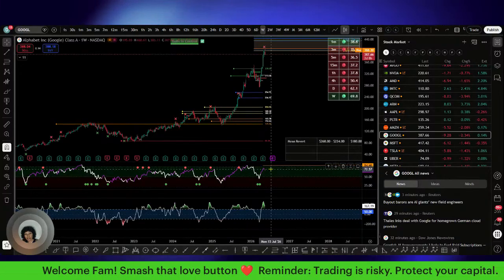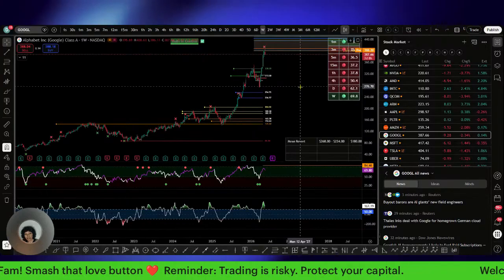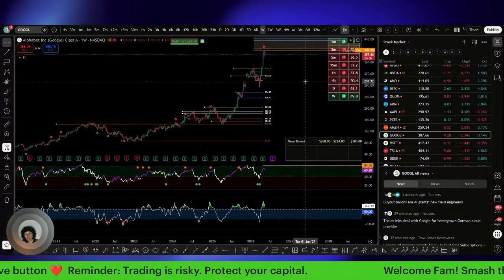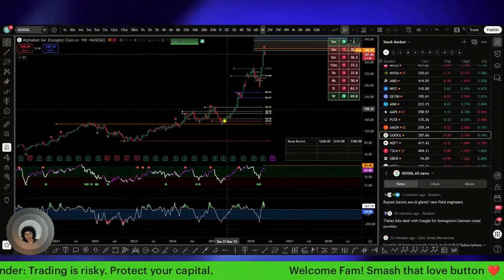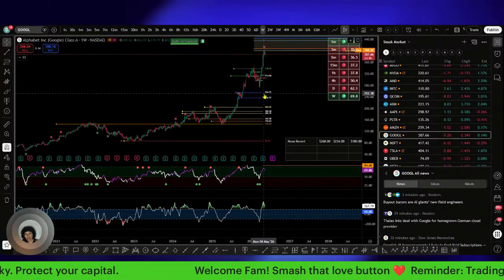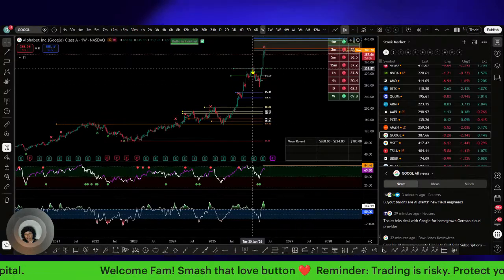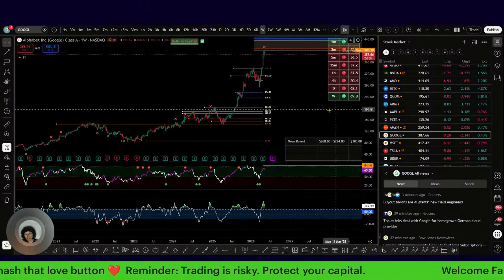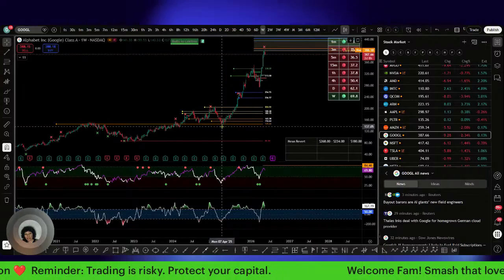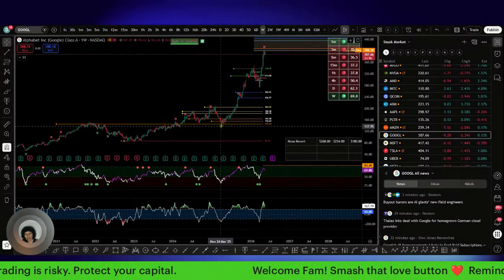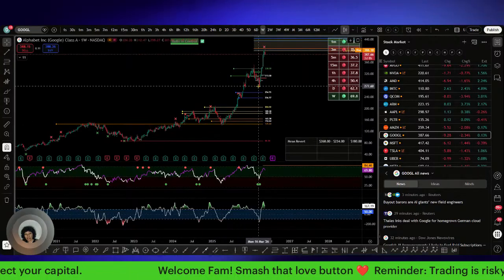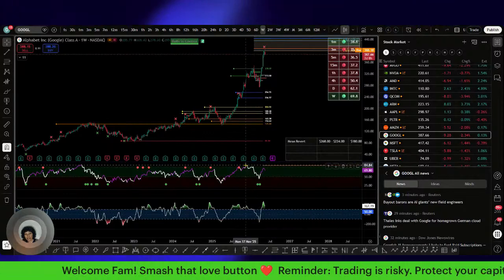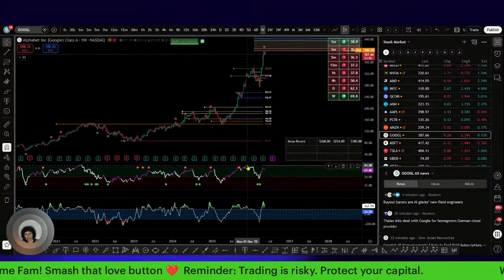That big old bear div though on Google. None of the bear divs have really mattered. I guess it just depends on where you're at. I treated this like it was a wave 4 right here, for wave 5 into the golden pocket. That's how I treated it. With the fib pull from that low to this high to here, just because of how high it really got right in here.